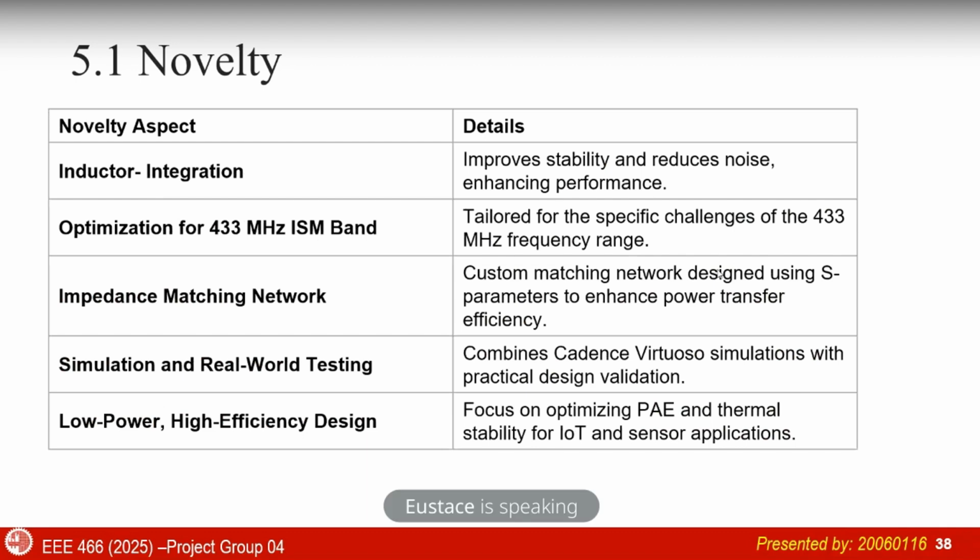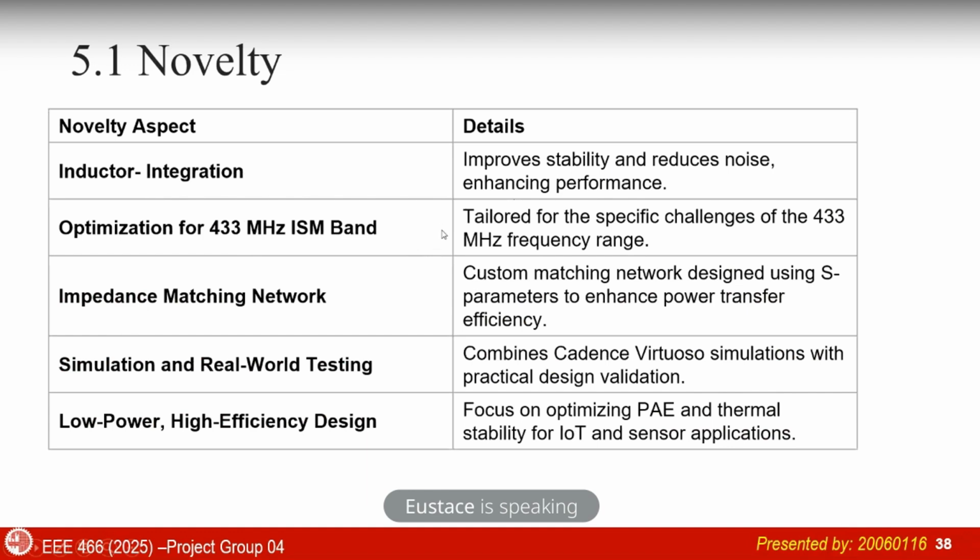This is the novelty of our project. From the novelty aspect, we have introduced an inductor to restrict the AC power going to the DC sources. It reduces noise and enhances our performance. We have optimized the system for the 433 MHz ISM band, which we have also impedance matched.